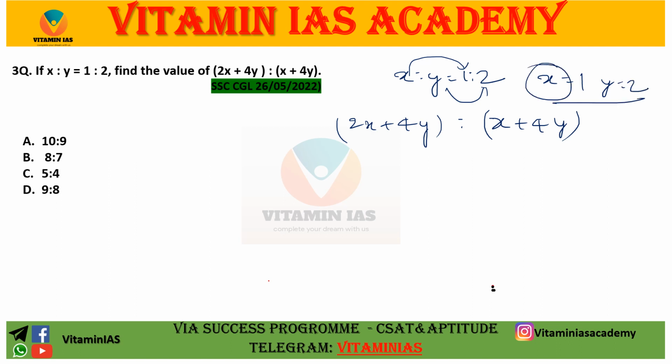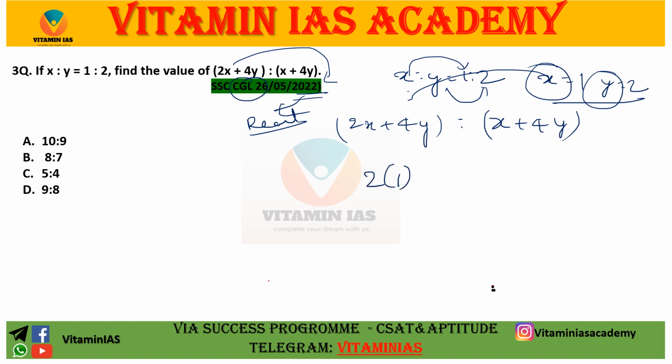We know the value of x and we know the value of y also. This question was asked in SSC CGL in 2022, in recent papers only. In recent papers this type of question is asked. So here x is equal to 1, y is equal to 2. Just substitute this value into x and y, then you will get the answer.